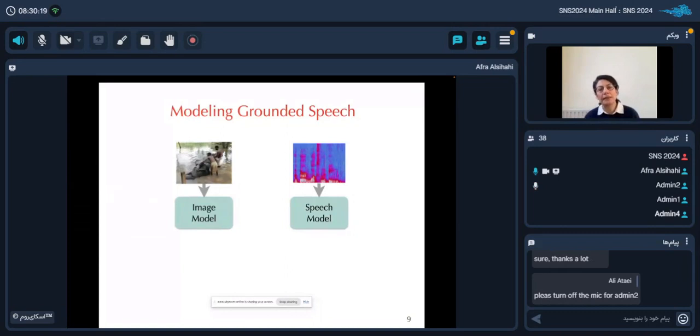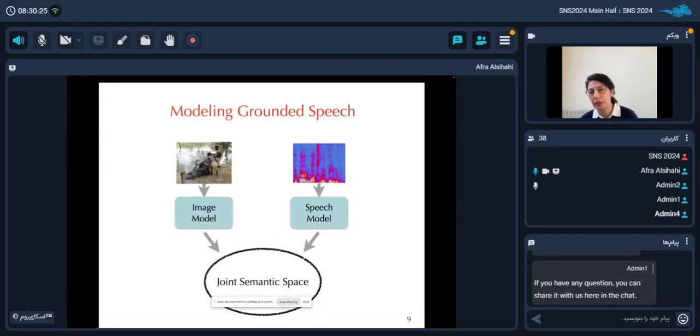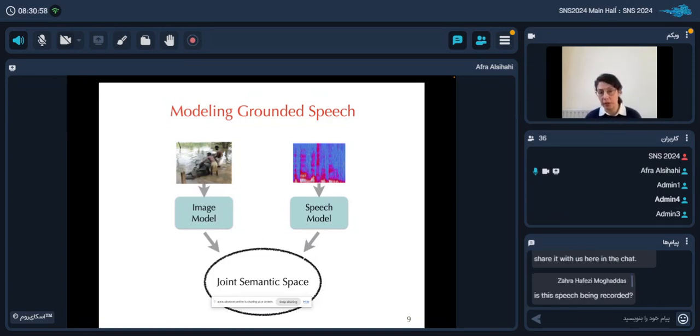At the end, the point is that this architecture is very powerful in learning similarities and commonalities between the two modalities that we are interested in. If we have a reasonably sized data set, we can train a model that can recognize the visual counterpart for an incoming spoken or written utterance, or the other way around. It can actually generate or recognize the correct description for an incoming image.